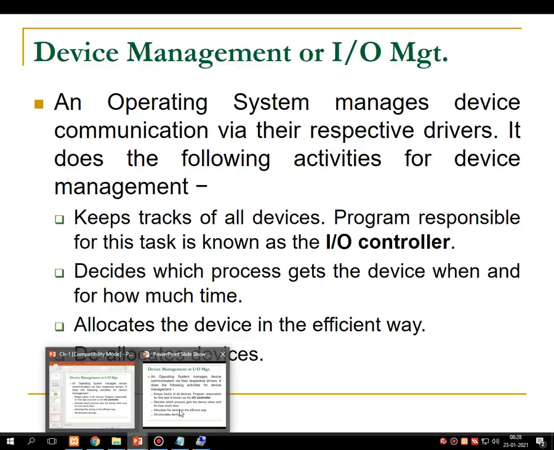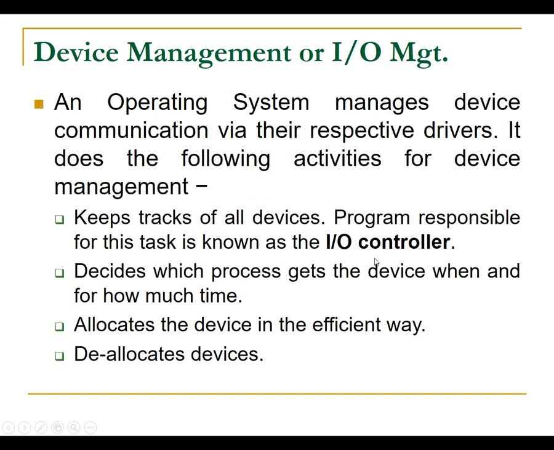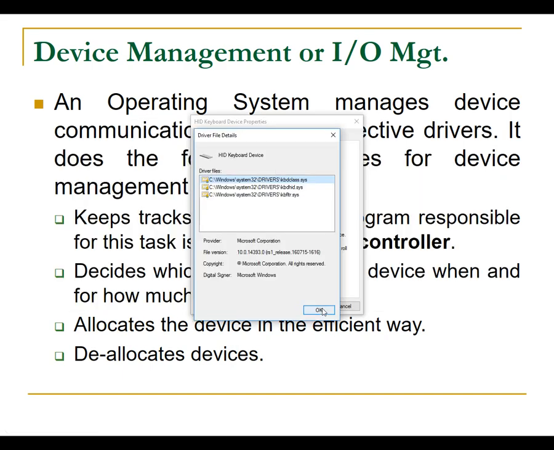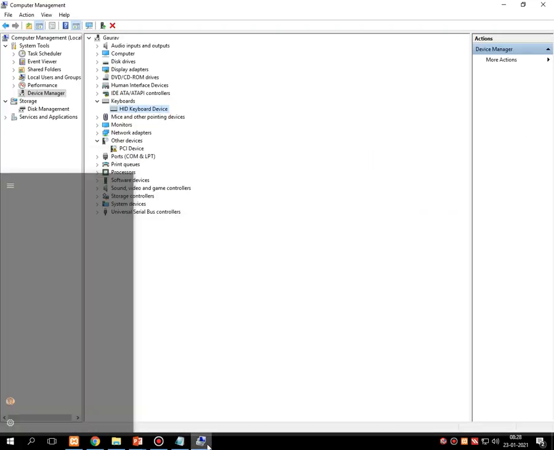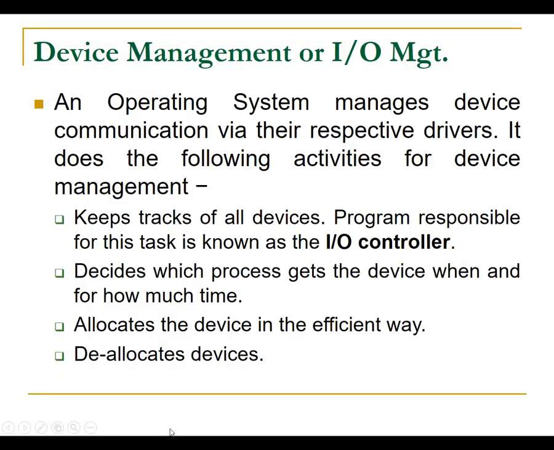That is done by the input output controller. That means this entire unit is handled by the input output controller. Even this can be allocated and deallocated by the system automatically. Let me close this.